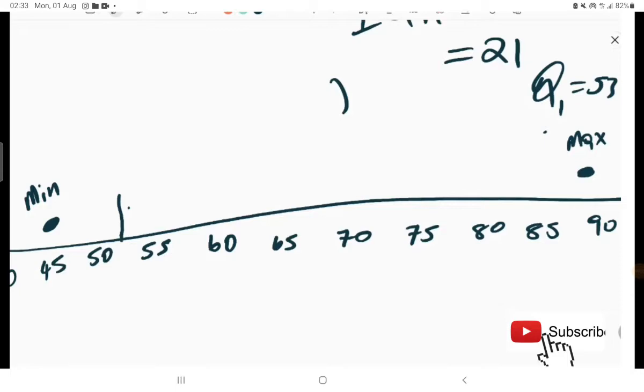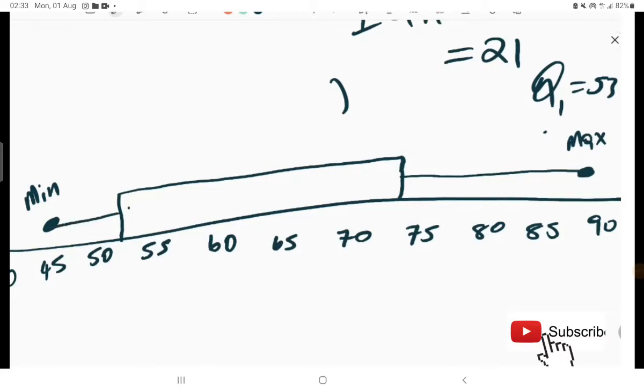Q3 is 74, and 74 can be estimated to be somewhere here. This is our box, and these are our whiskers. So this is Q1, this is Q3.